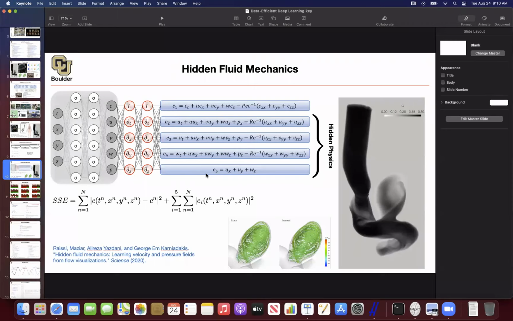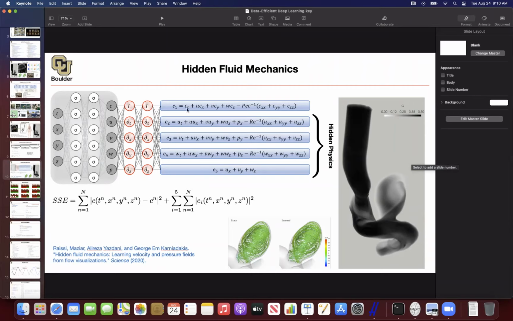Possibly we could even stay on that slide because there are two questions that are going in that direction. So the present network would predict U, V, W based on the concentration into contrast due to colored dye. Can this be related to scalar advection of a passive tracer? Yeah, exactly. So this concentration is a passive tracer.